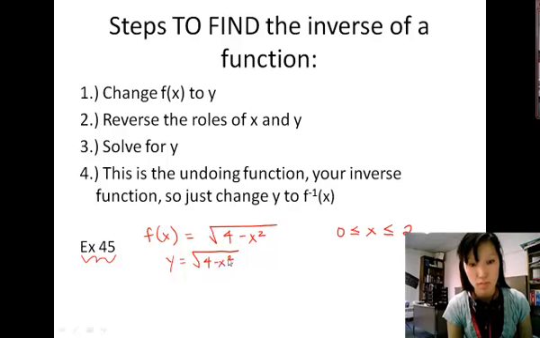So that just gets us back to our x and y. And we're going to reverse the roles because, again, what we do know is with these inverse functions, these roles reverse. So I'm going to say that x is now equal to the square root of 4 minus y squared.